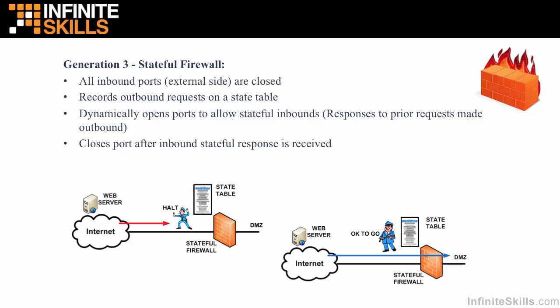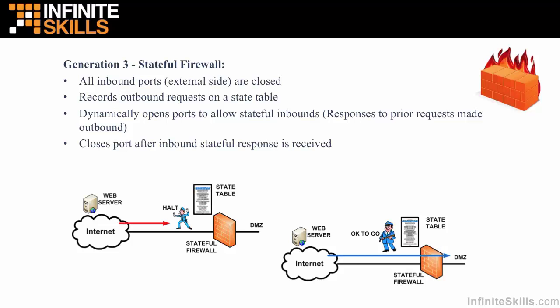The only way the stateful firewall would allow a packet through from the public side to the private side is if a client on the trusted inside, the private side, made a request outbound, the stateful firewall would document that request in a state table. It would record the source computer, the destination IP address, the protocol used, the port numbers used, and only if the inbound packet matched an outbound request.